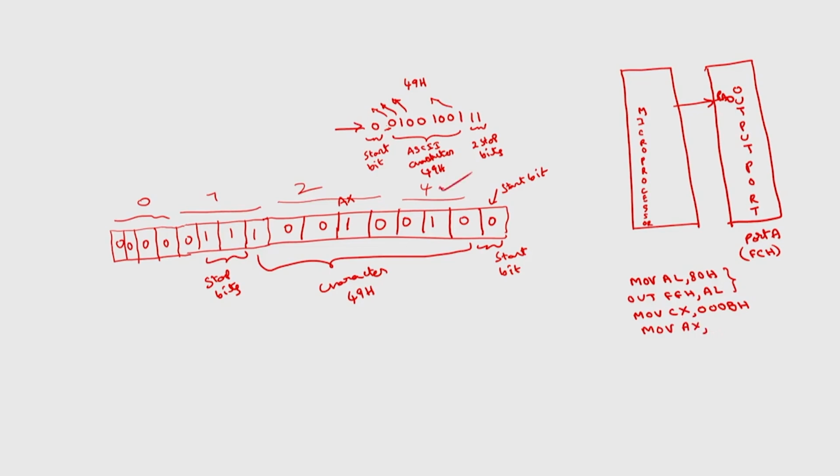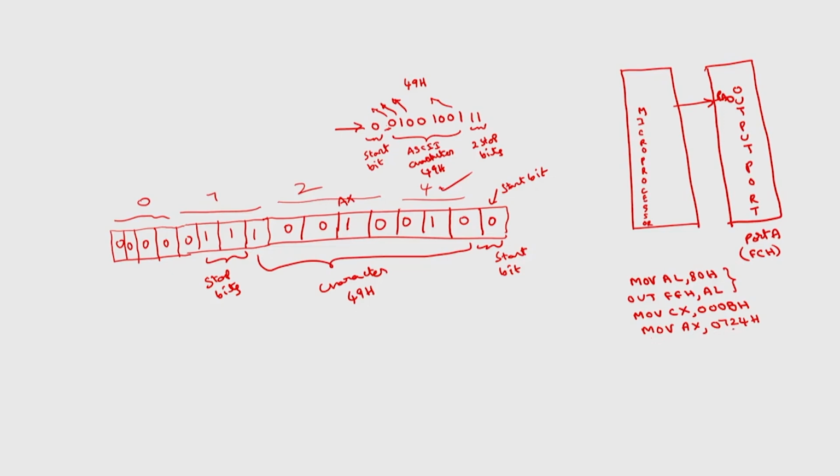So, this will be 0724H. In this we have to send the least significant 11 bits. The most significant 5 bits we will not send, they are don't cares, we will stop after the 11th bit is transmitted.